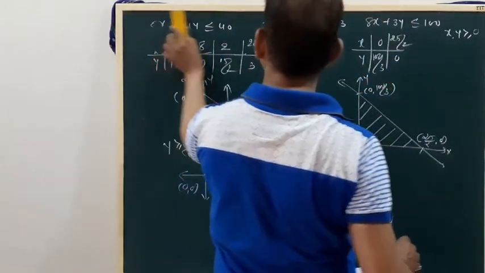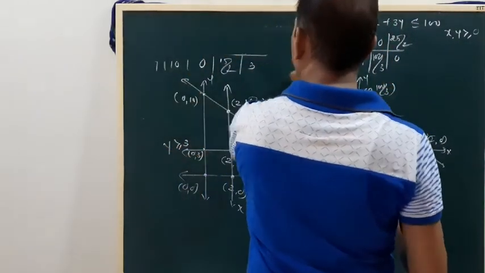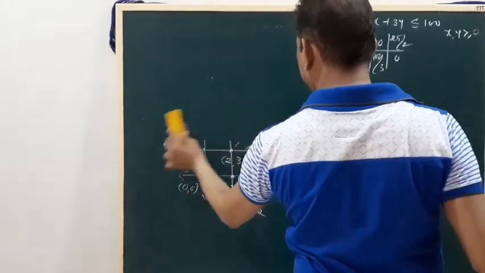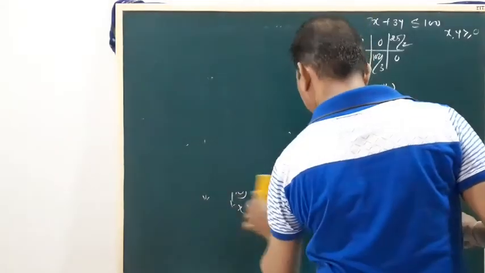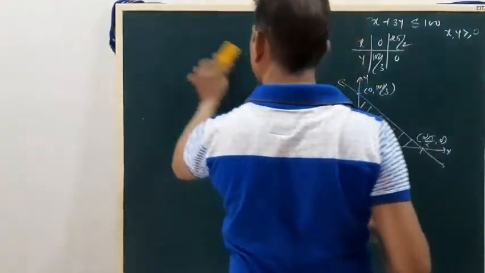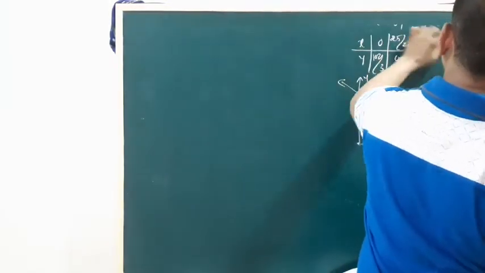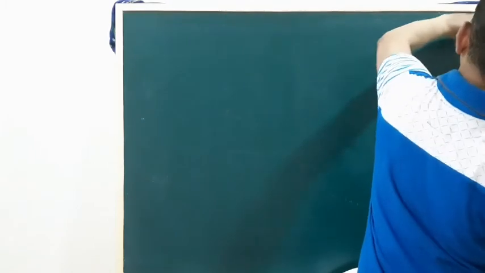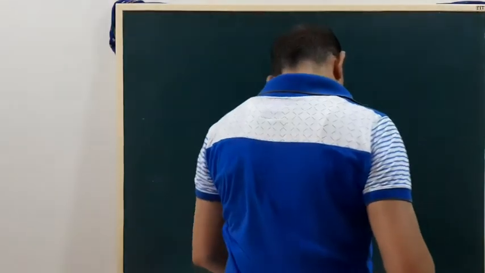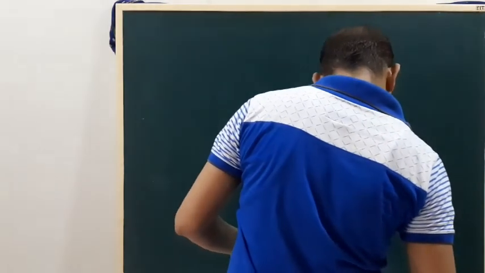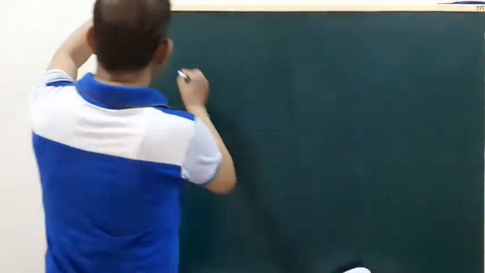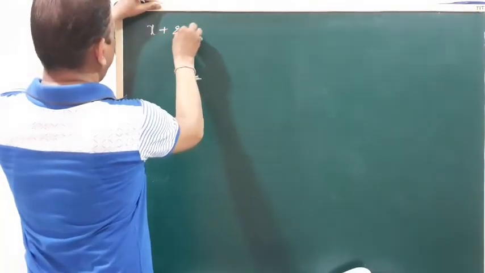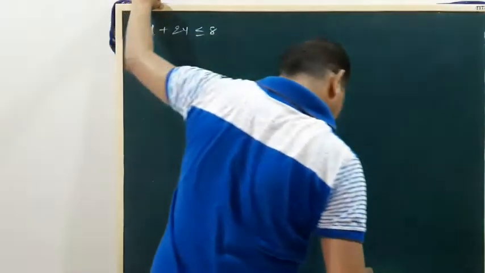Now again one more question. This one is the last question. Example 15: x plus 2y less than or equal to 8, right?